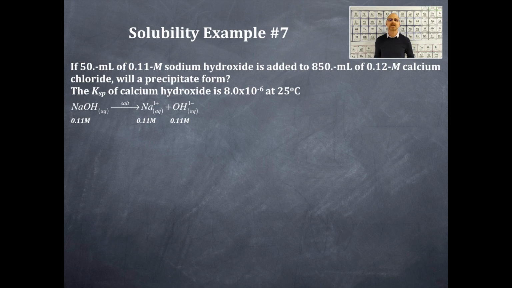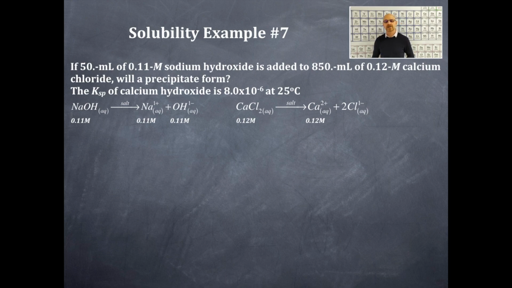Everything here is a 1-to-1 mole ratio. Super simple. Calcium chloride is 0.12 molar. The calcium ion and the calcium chloride are in the same mole ratio, so the calcium ion concentration is 0.12 molar. Calcium chloride is a salt, it dissociates 100%.